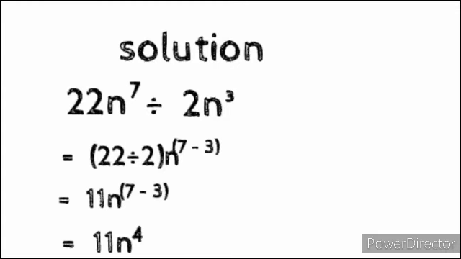Remember, we had to subtract the powers. 7 minus 3 gives us 4. So, our total answer is 11n raised to power 4.